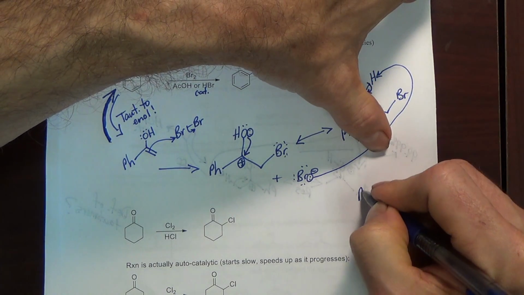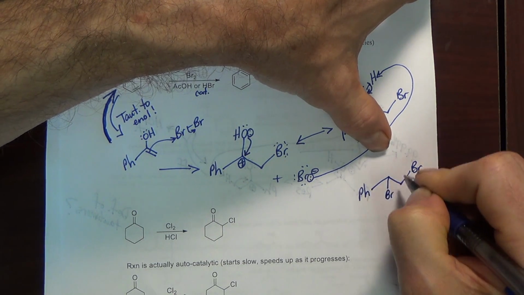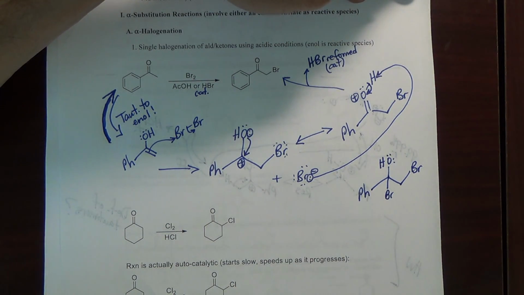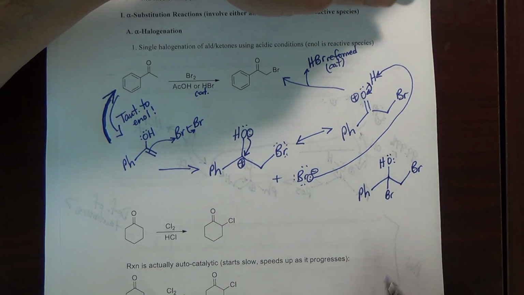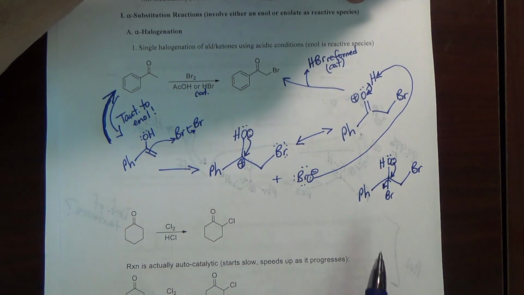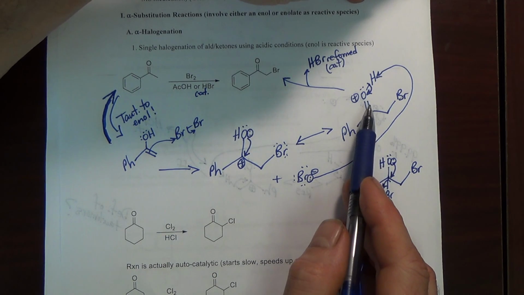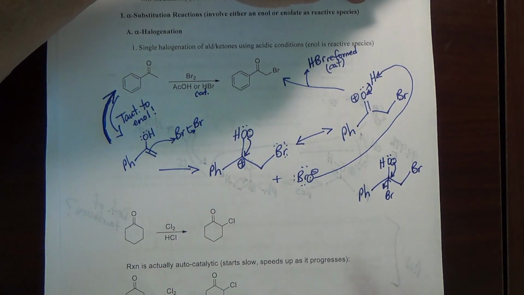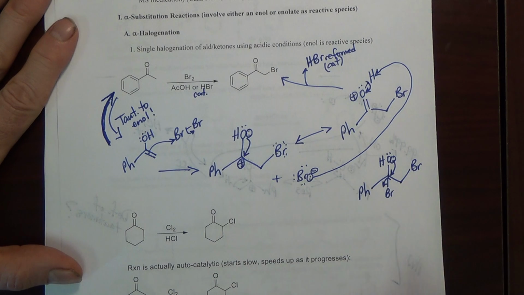Now, if we had just made a dibromide, all right, that is the bromide added here, okay, well, that's not going to be stable, because anytime you can make a pi bond, kick off a leaving group, it's going to happen, and this would give that there, and then that bromide will just take an H. So that's how the chemistry goes, and you end up forming HBr, not a dibromide.